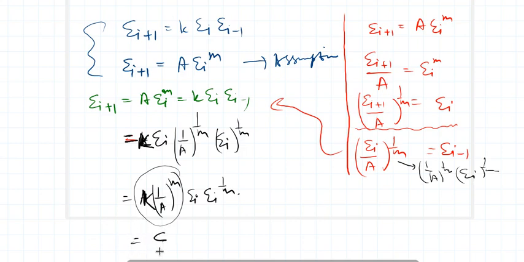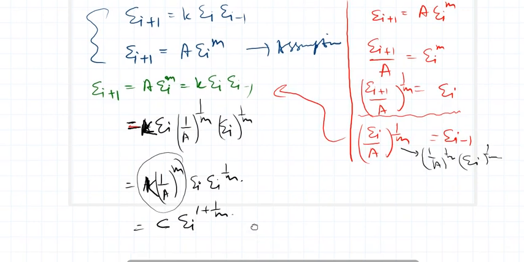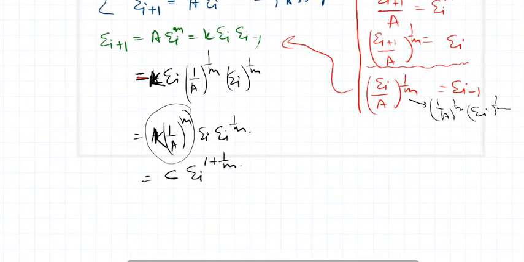So let us recall it as c epsilon i raised to power 1 plus 1 over m. That means this part is equal to this part: a epsilon i raised to power m is equal to c epsilon i raised to power 1 plus 1 over m.